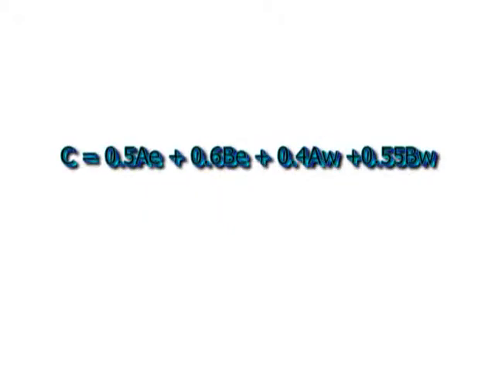The optimal cost equation will be as follows. The cost equals 0.5 AE plus 0.6 BE plus 0.4 AW plus 0.55 BW.